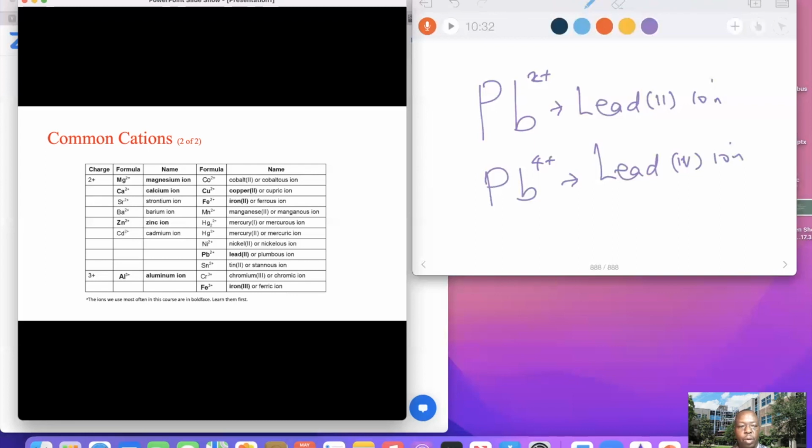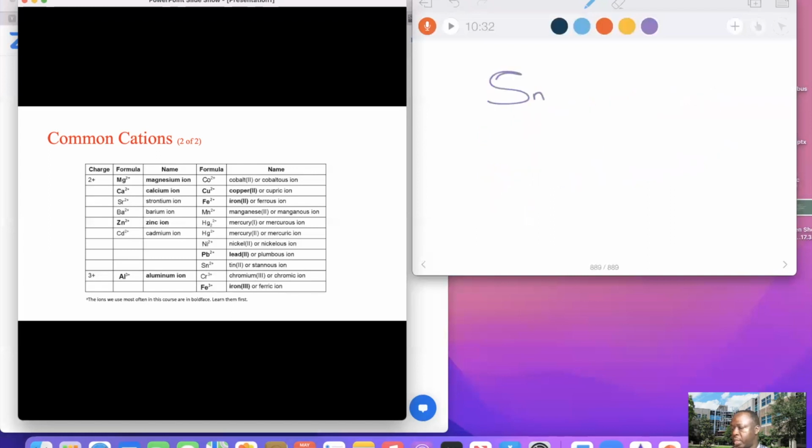So that's how you distinguish between this and lead(II). There is tin, Sn, stannic, stannous, tin(II) ion, and then Sn4 positive, tin(IV) ion, and then of course positive 3.